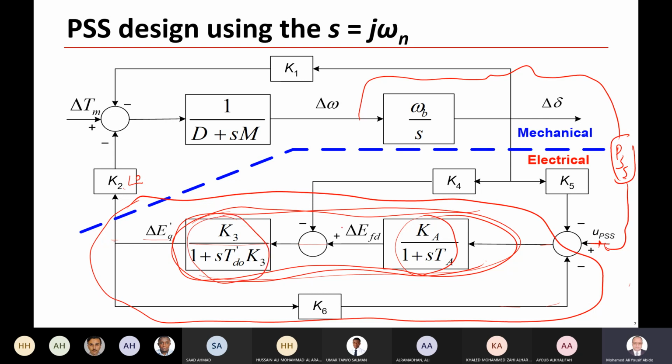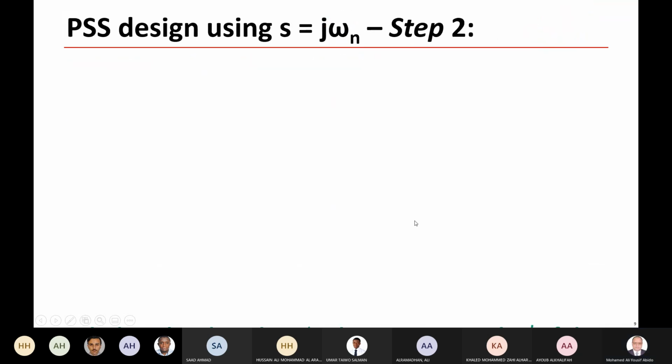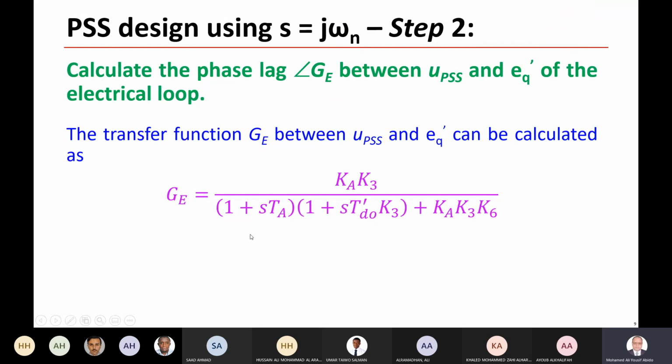This gives you G, and this is H. This is H, and this together is G. So G over 1 plus GH gives you the transfer function of this part. This is the transfer function between UPSS and the E'q, which can be calculated as such. This is exactly G over 1 plus GH.